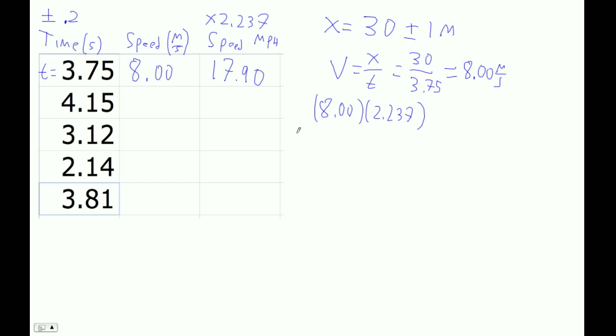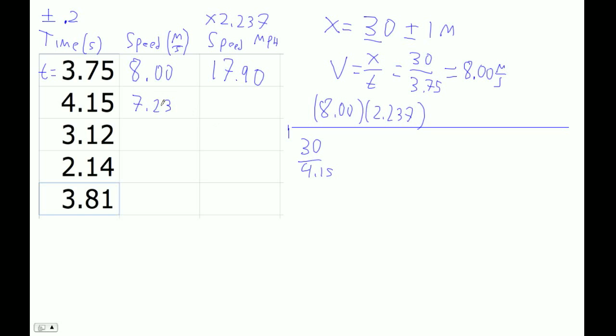Let's do another one here. Okay, let me just show you. Oops, I really wanted to go that way. So the velocity is going to be distance divided by time. So 30 over 4.15. 30 divided by 4.15, and that's 7.2289, so I'll say 7.23.